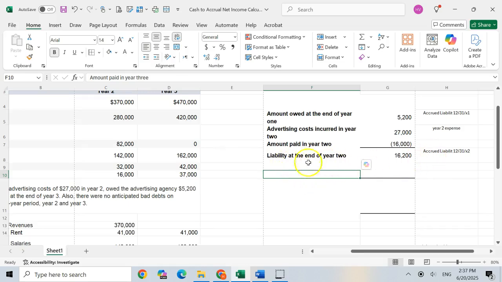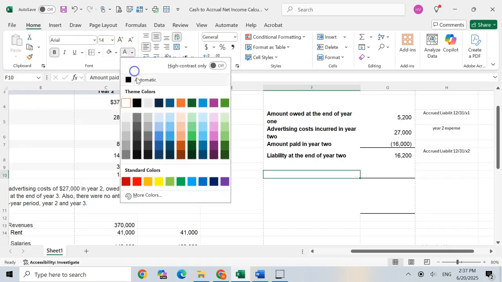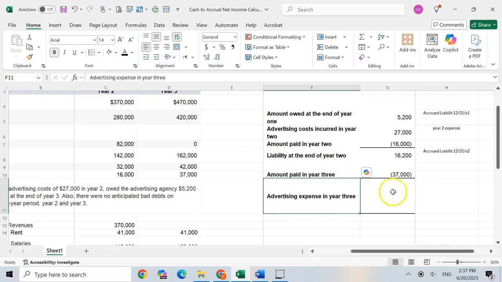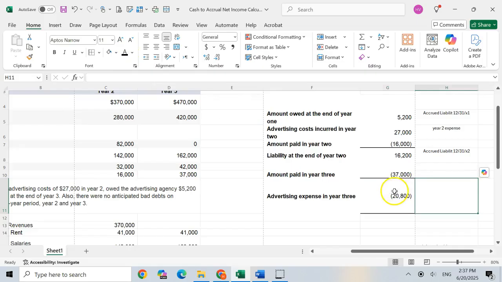We have the liability at year 2, and then for year 3, we are told the amount that was paid. That's given to us in the problem. That was $37,000. And therefore, we can back into the advertising expense for year 3.